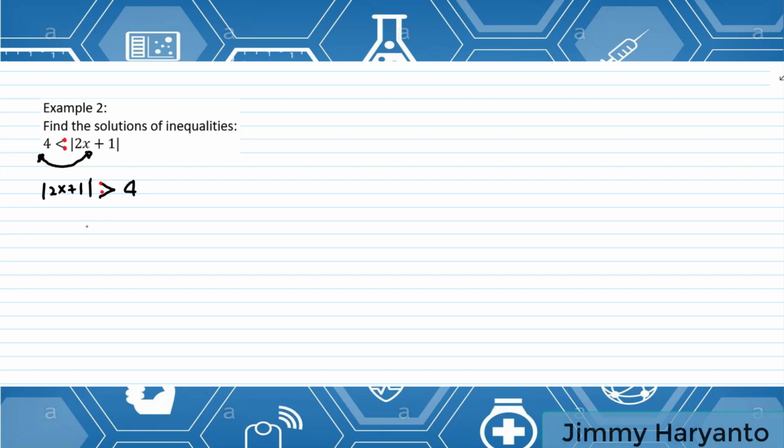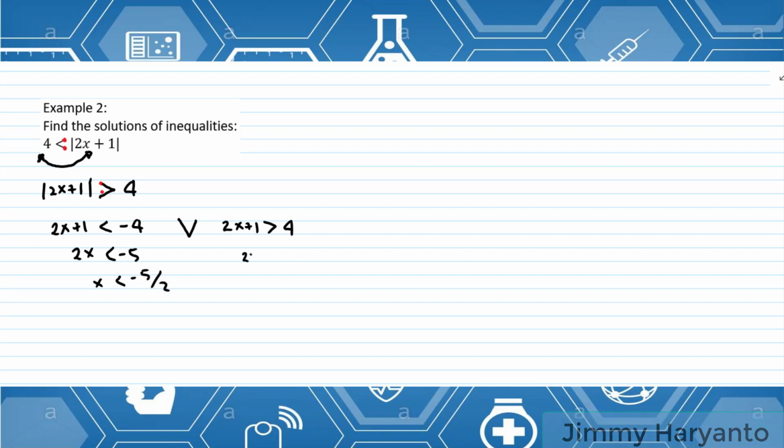I can use the formula. It will be like this: 2x plus 1 less than negative a, and negative a is negative 4, or 2x plus 1 greater than or equal to a, which is 4. Then we solve for this one: x less than negative 5 over 2.